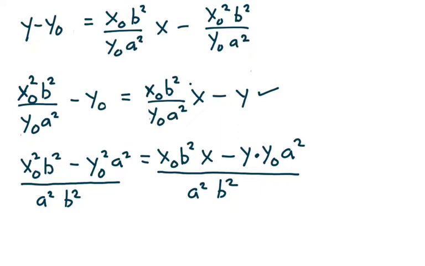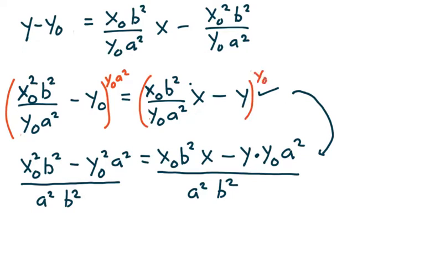Notice how we have constant terms on the left, variable terms on the right. Now, to go from the second line to the third line, what I first did was multiply both sides by y naught a squared. My whole goal in doing so is to clear the fraction.